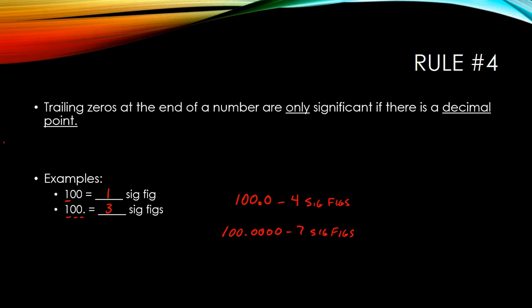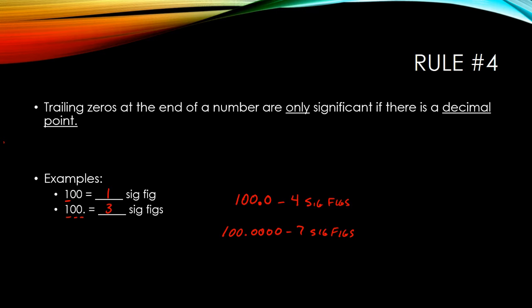It's showing us in terms of our measurement how accurate we were able to measure. And that's the big idea with significant figures: in chemistry, everything is based off of measurements, and significant figures show us exactly how accurate that measurement was. So that's the overall purpose of significant figures.